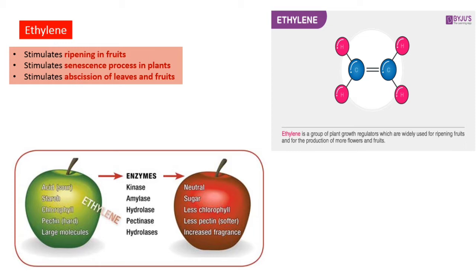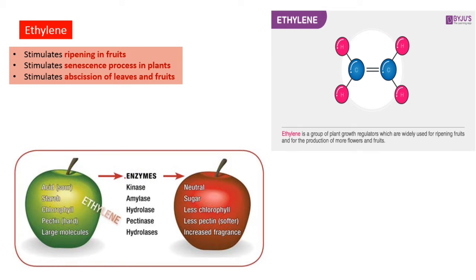For unripe fruit, the fruit is acidic or sour, has a lot of starch, and has more chlorophyll, that's why it is green in color. There is a lot of pectin and large molecules inside the unripe fruit. Then ethylene will stimulate enzymes.